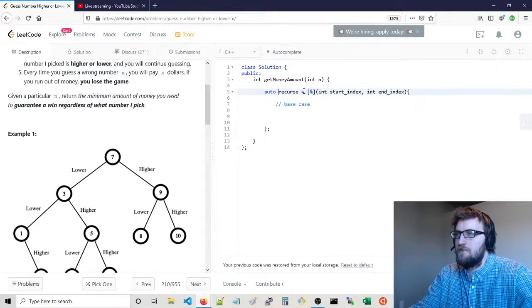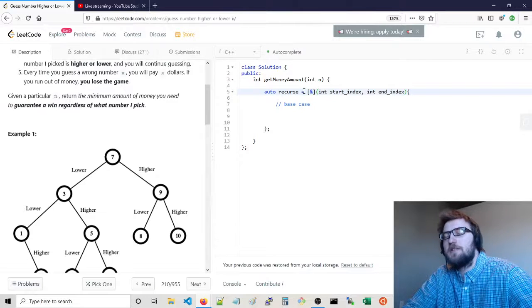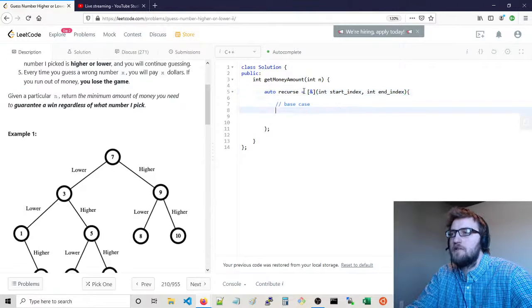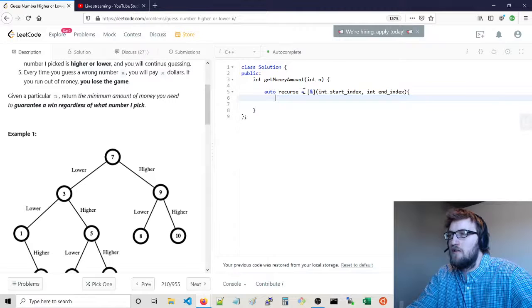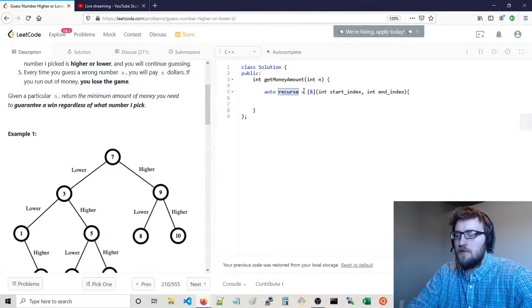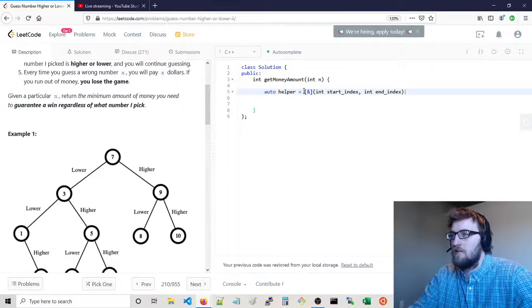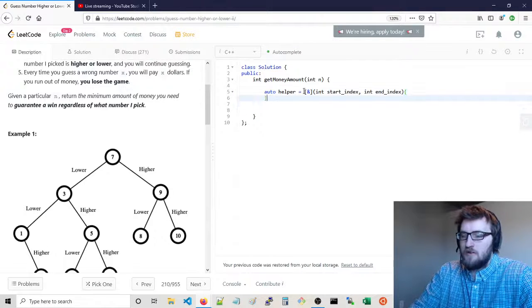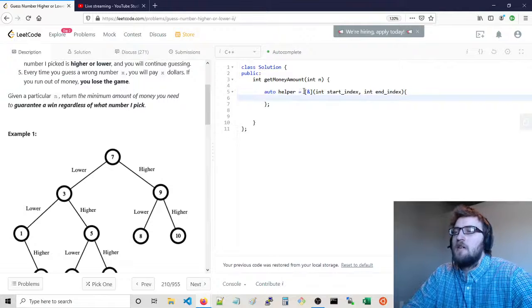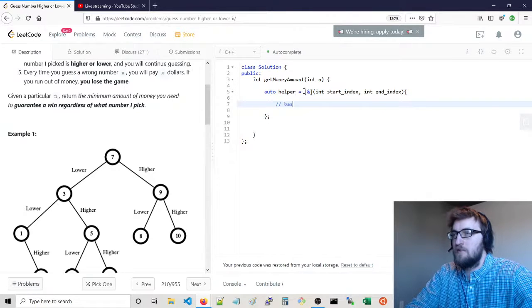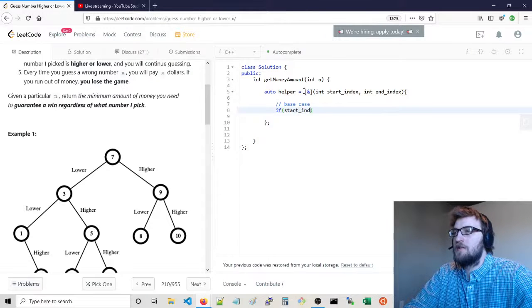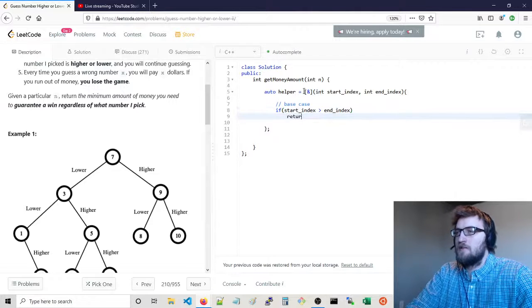Okay, there might actually be multiple functions we're going to use here. A helper. Do it this way. If start index is greater than end index, return 0.